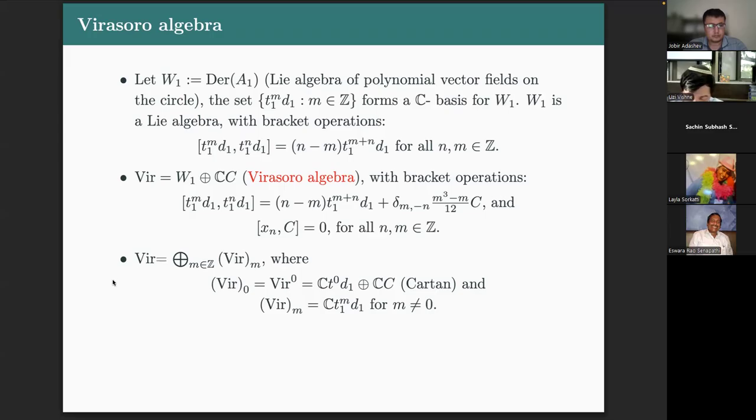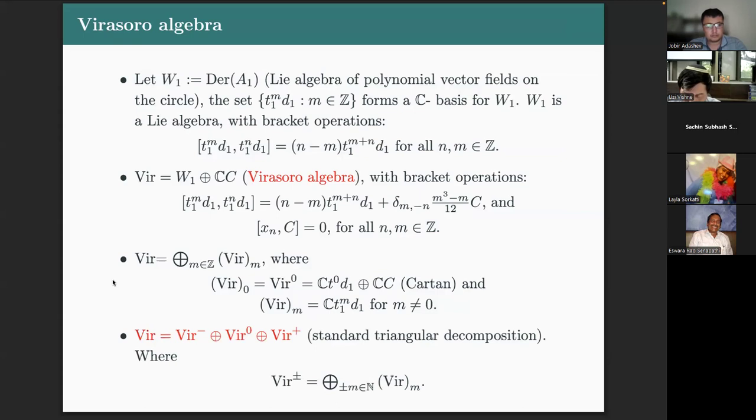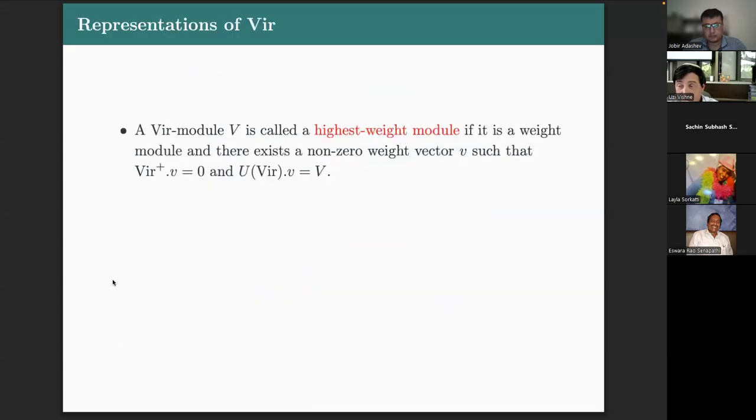To study the representation theory of an algebra, what is the standard technique? You grade the Lie algebra first. It is naturally a Z-graded Lie algebra with graded spaces, where V0 is spanned by L0 and C, and the others are the m-graded spaces. You have a natural triangular decomposition of Witt into positive, negative and zero parts, and that lets you define the analog of highest weight modules.